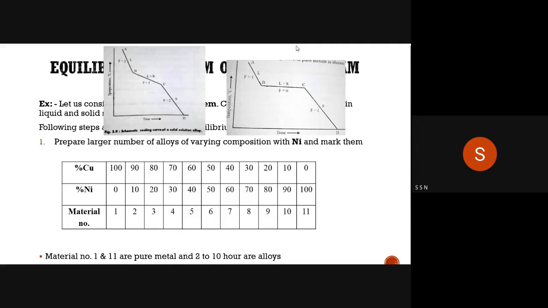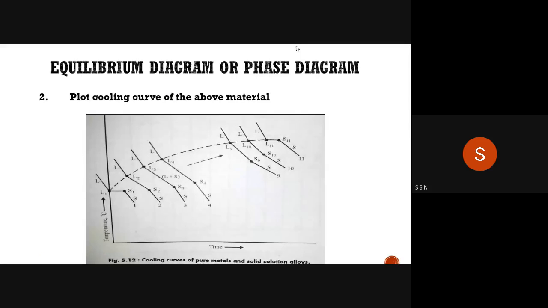In that chart, you can observe the first and 11th materials are the pure metals, and the materials in between, from 2 to 10, are all alloys. From that, we have plotted the phase diagram, so that the percentage of nickel inside the copper has been changed from L1.